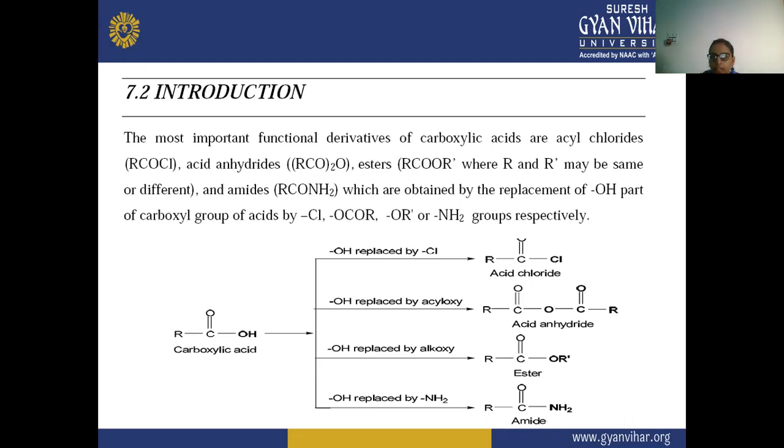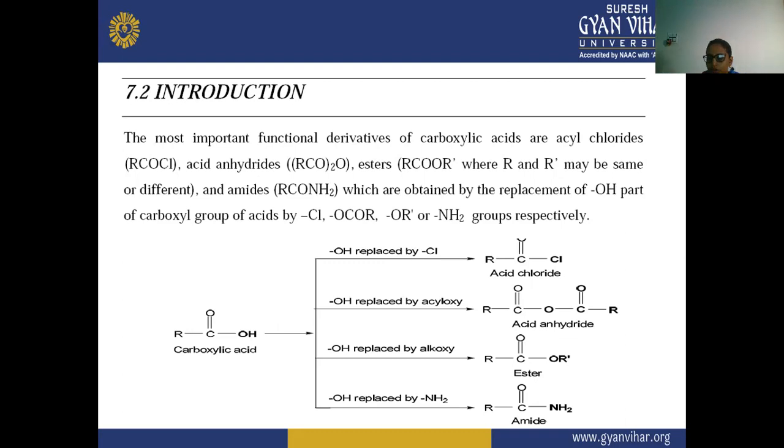The second is the acid anhydride, in which the OH group is replaced by OCOR. In the ester, the OH part is replaced by your OR part, and in this, both R can be different or the same. In the fourth derivative, the OH is replaced by NH2 and it becomes your amide.